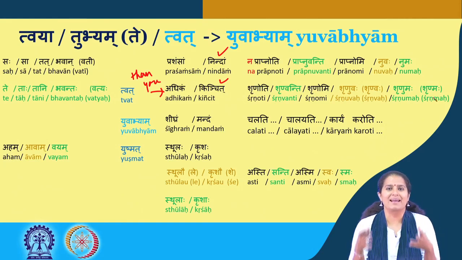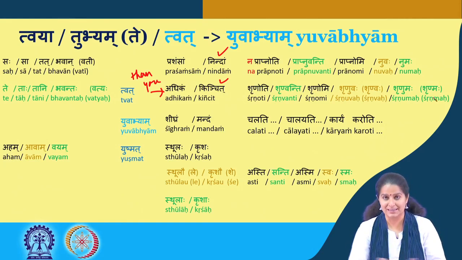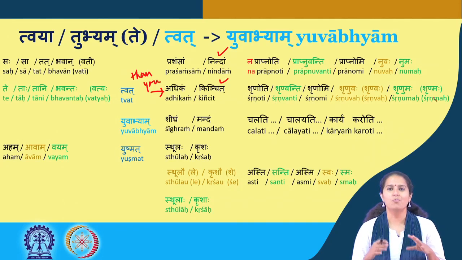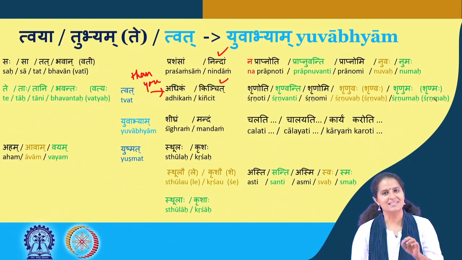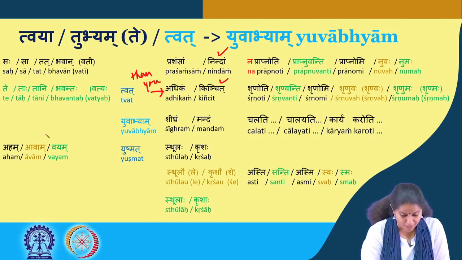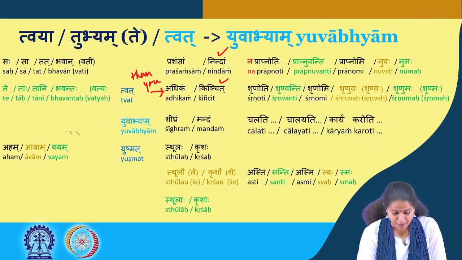Alright, now just to give you an exercise, how would you say the two of us listen less than the two of you? How would you phrase the two of us hear less than the two of you? Try that out in what we've done. So here it is avam yuvabhyam.